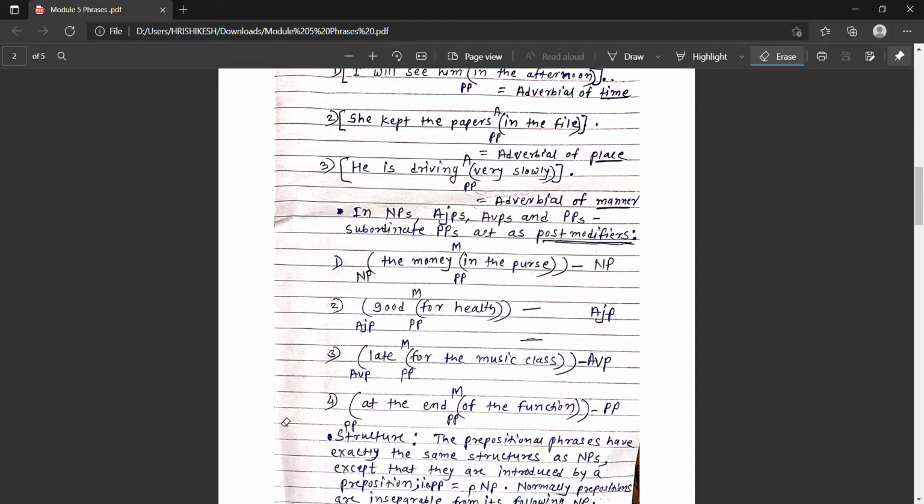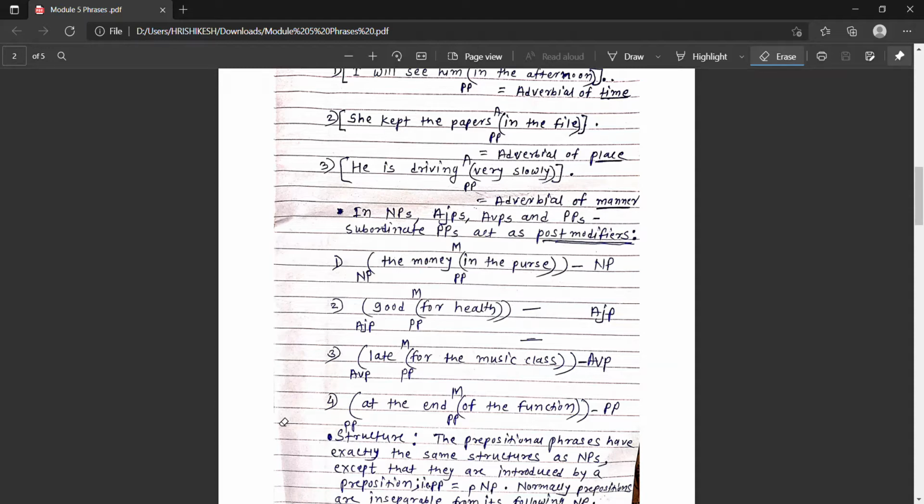At the end. End is the head word, and at is here a preposition, and at the end is a prepositional phrase. Actually, that prepositional phrase is at the end of the function, and in that prepositional phrase there is another subordinate prepositional phrase, that is of the function.